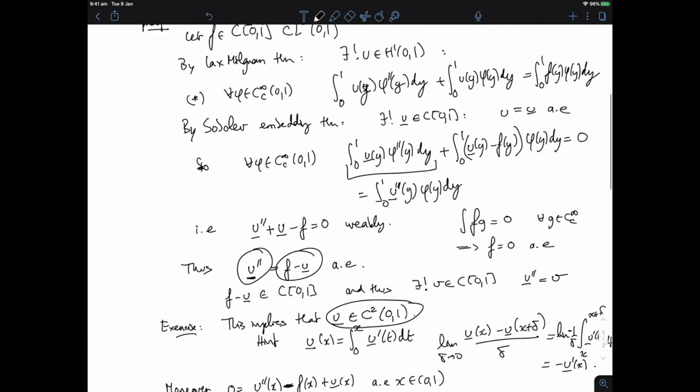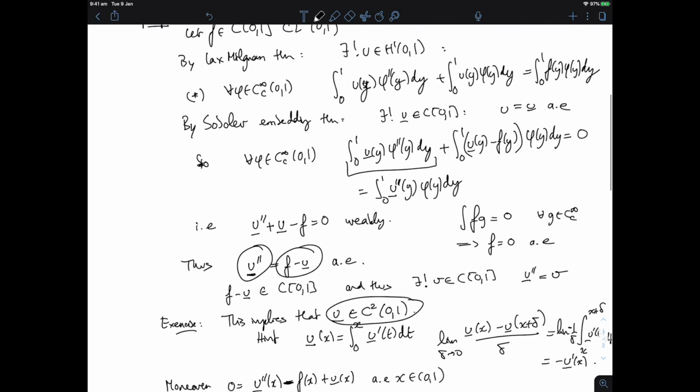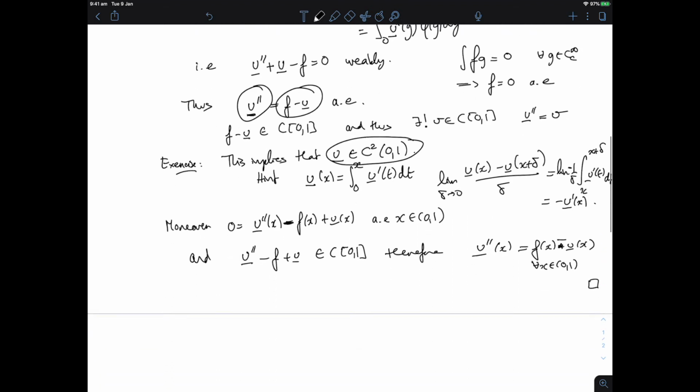The embedding of spaces is just going to tell us that our solution is continuous, but our solution being continuous forces its weak second derivative to also be continuous, and therefore the solution itself has to be C2. Now all we have to do is prove the Sobolev embedding to conclude that all weak solutions to such an ODE are actually classical solutions.